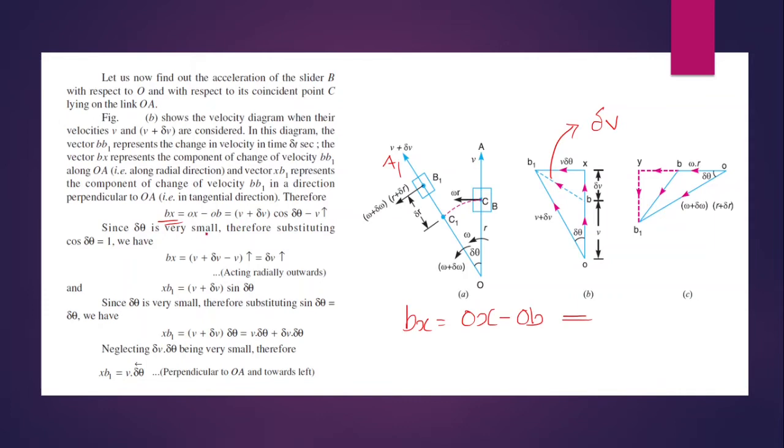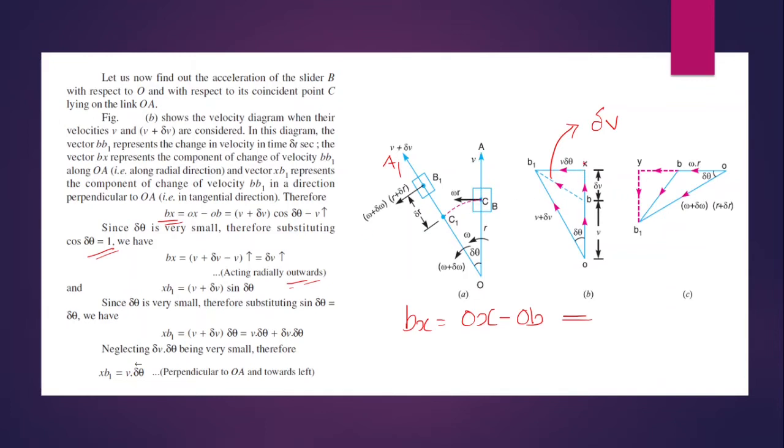Since delta theta is very small, we can substitute cos delta theta as 1. Then bx is equal to v plus delta v into 1 minus v, that's equal to v plus delta v minus v, that's equal to delta v. When delta theta is very small, the component bx along OA is equal to delta v.